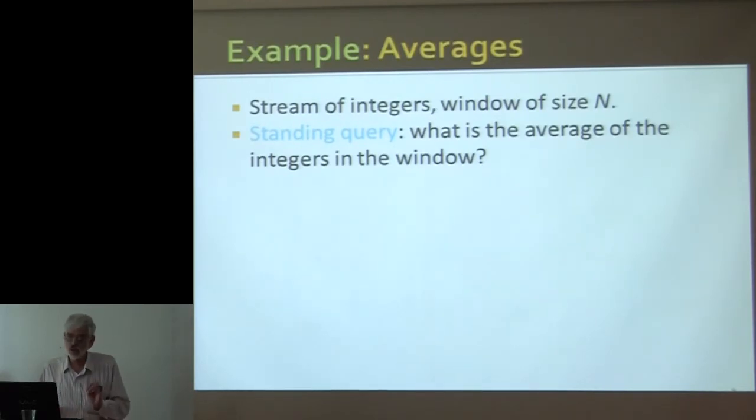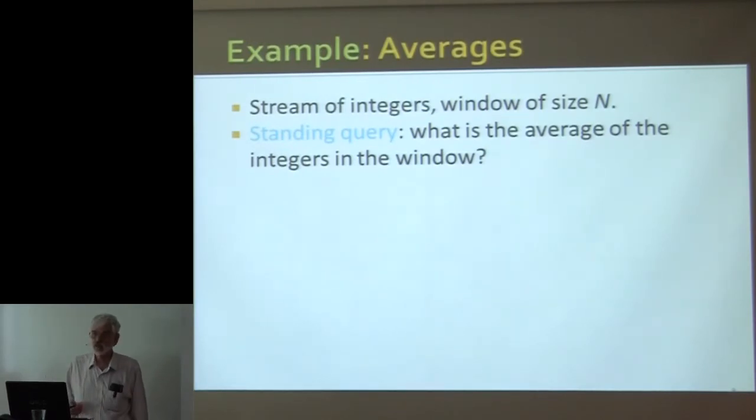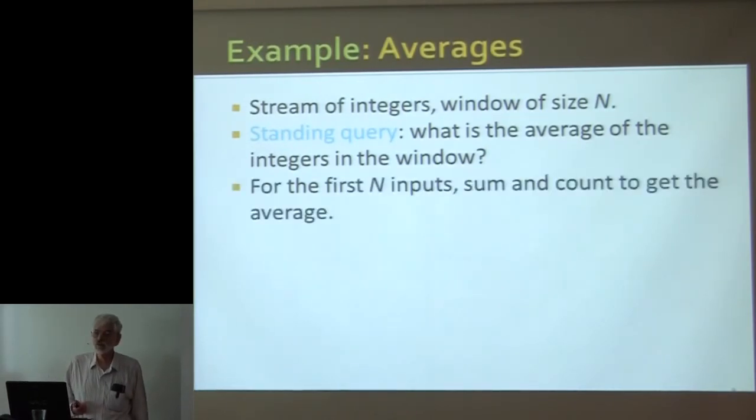That's a little bit trickier. It could be done. It's not that hard, but it also becomes less meaningful as time goes on, because after a while the average is dominated by stuff that came in 2 years ago and may have no relevance today.